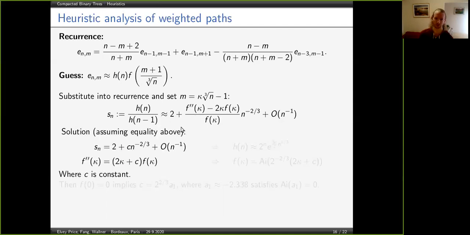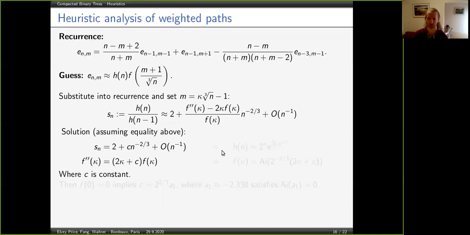Okay, and then since this is just a ratio of h_n's, this ratio can't depend on kappa, so this has to be a constant. Okay, so assuming that this is actually equal, or sufficiently equal up to 1 over n, we must have these two equalities, where c is the value of this constant.